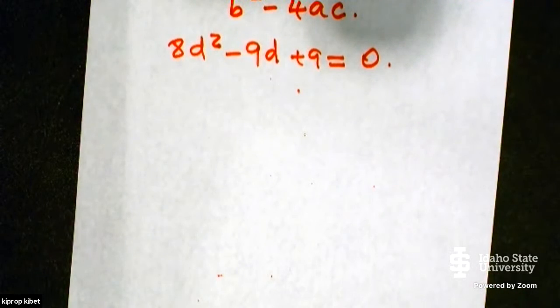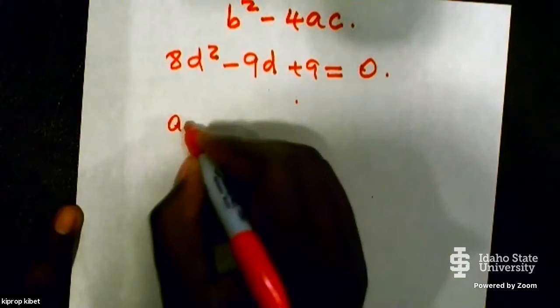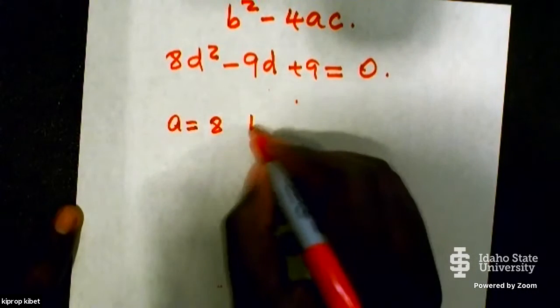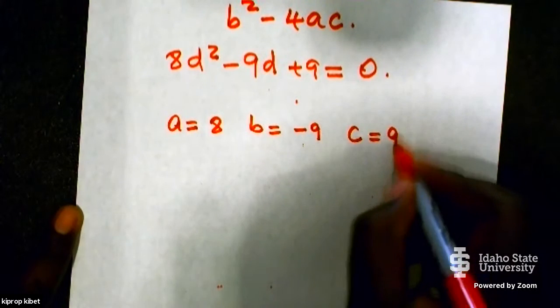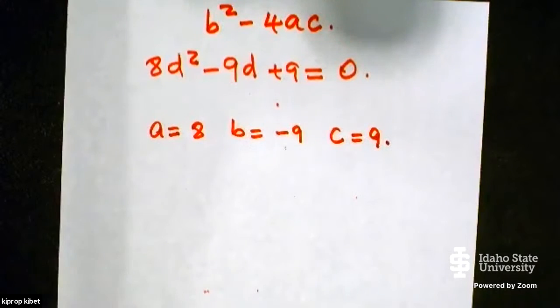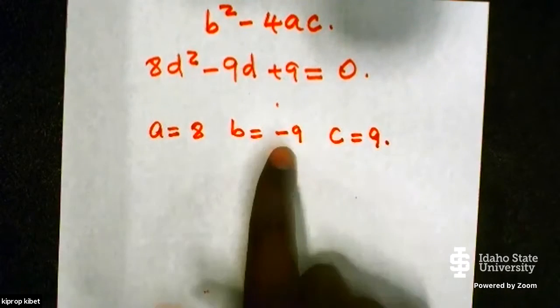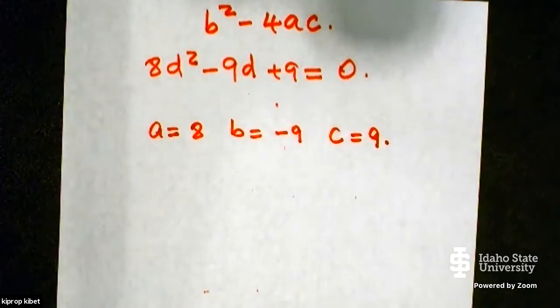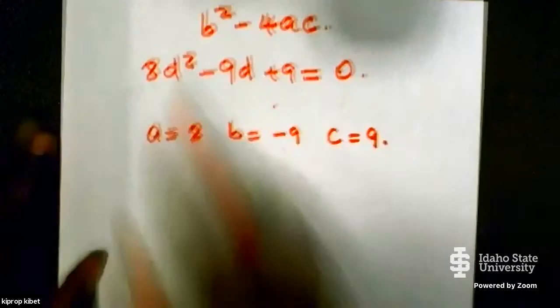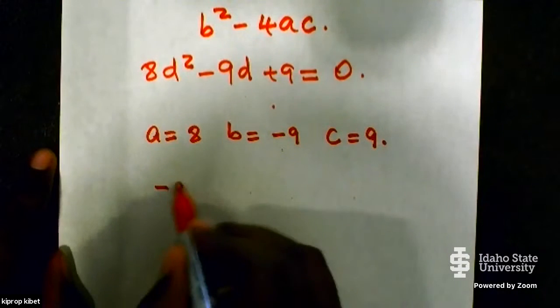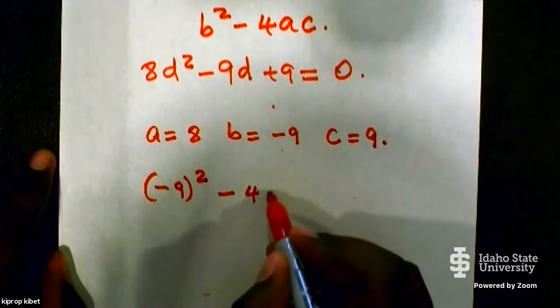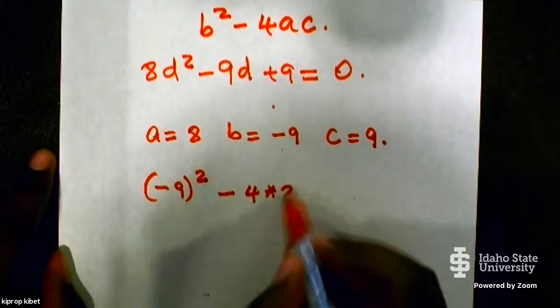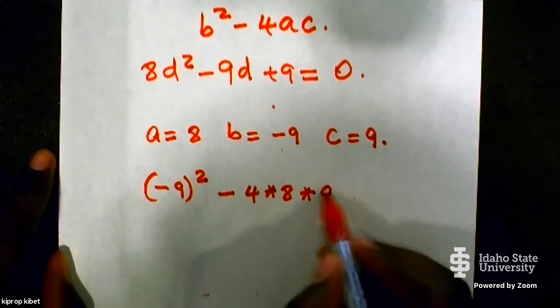Here, a equals 8, b equals minus 9, and c equals 9. Now we substitute these into our discriminant: minus 9 squared minus 4 times 8 times 9.